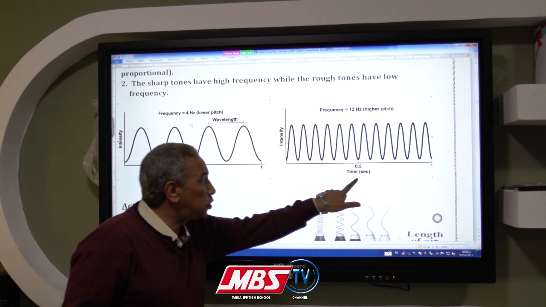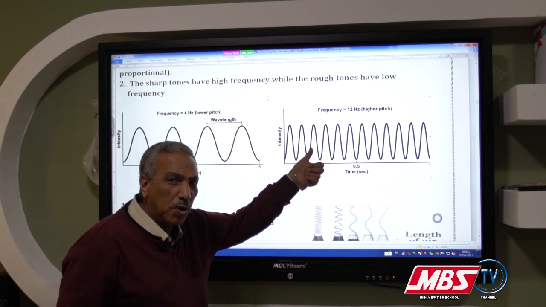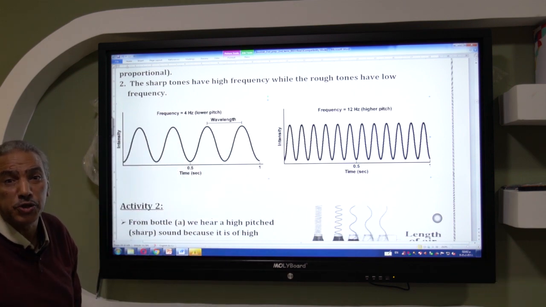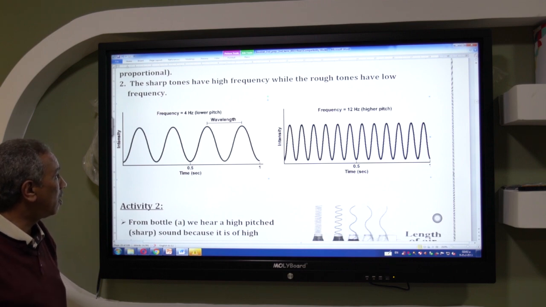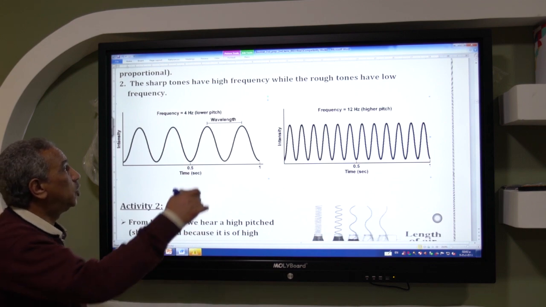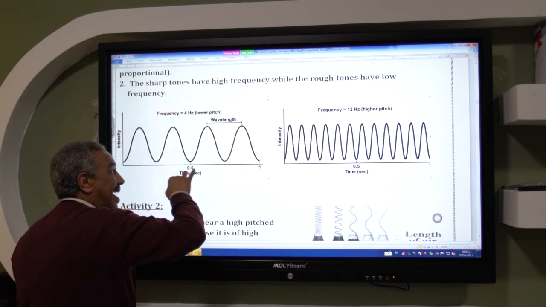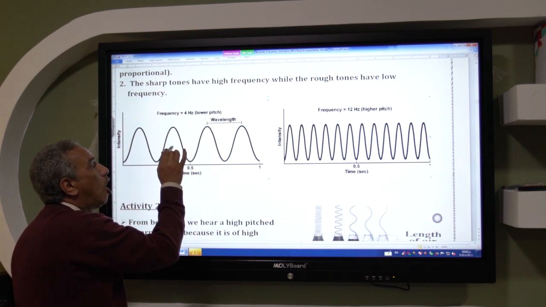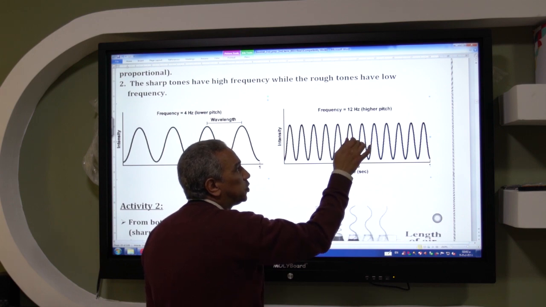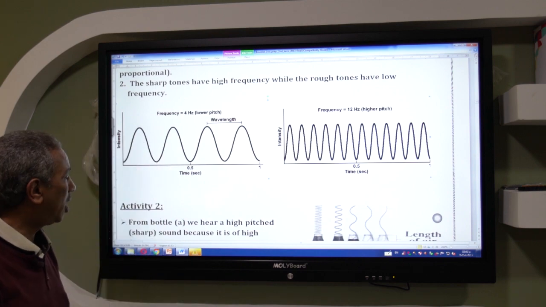That means this wave has a higher frequency due to the increased number of waves, but this one has a lower frequency due to the decreased number of waves, or the number of complete oscillations. So the sound produced from this wave will be harsh or rough, but the sound produced from this one will be a higher pitch and have a higher frequency.